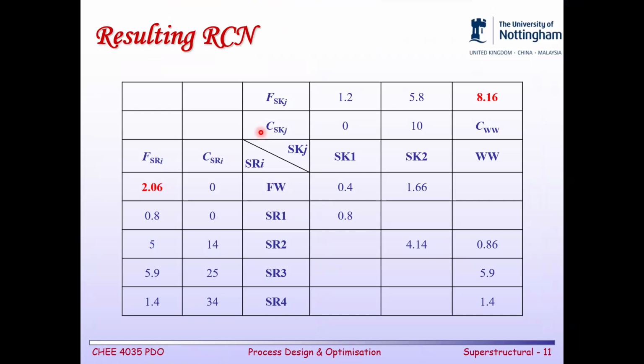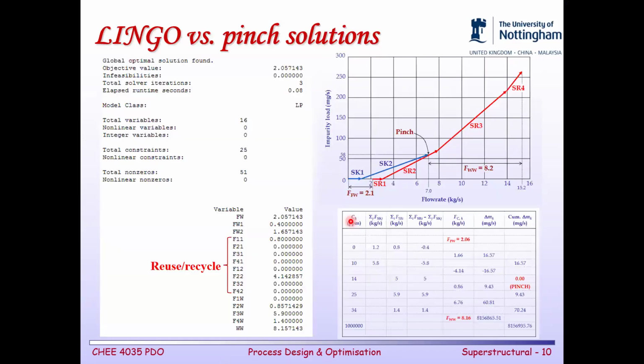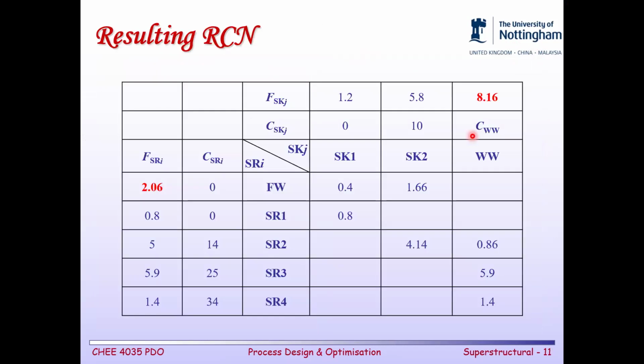And the network would appear like this. The advantage of using mathematical programming is it already gives you the design of the network. Whereas in the graphical approach using pinch analysis, there are two steps. The first step is targeting, and then if you will remember, we use an algorithm to design the network, I think the nearest neighbor algorithm.